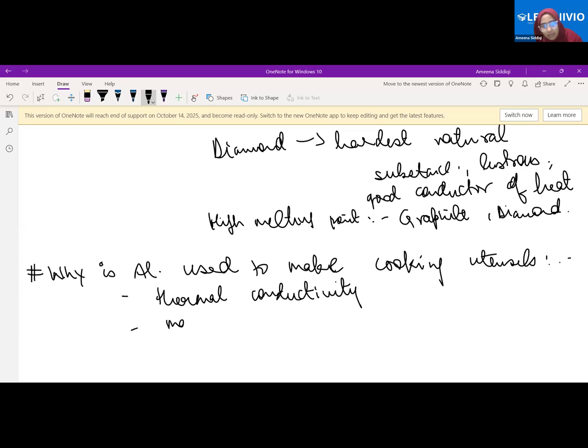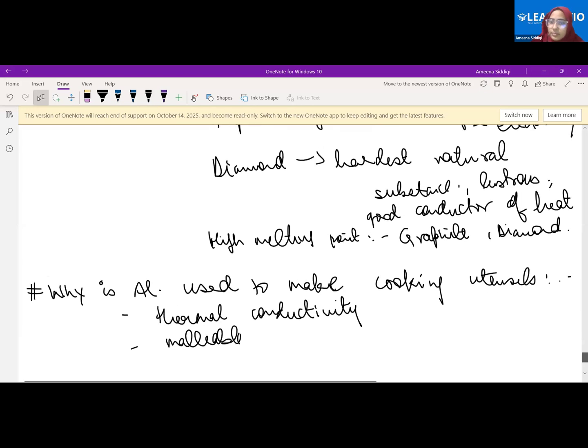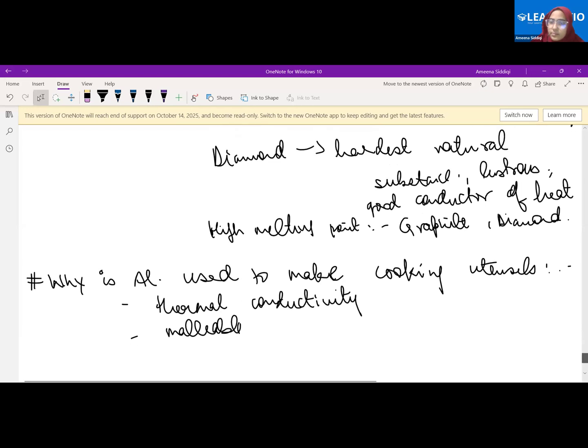Second, it's malleable, yes or no? So it could be easily changed from the metal form into a utensil. And obviously it has a high melting point.